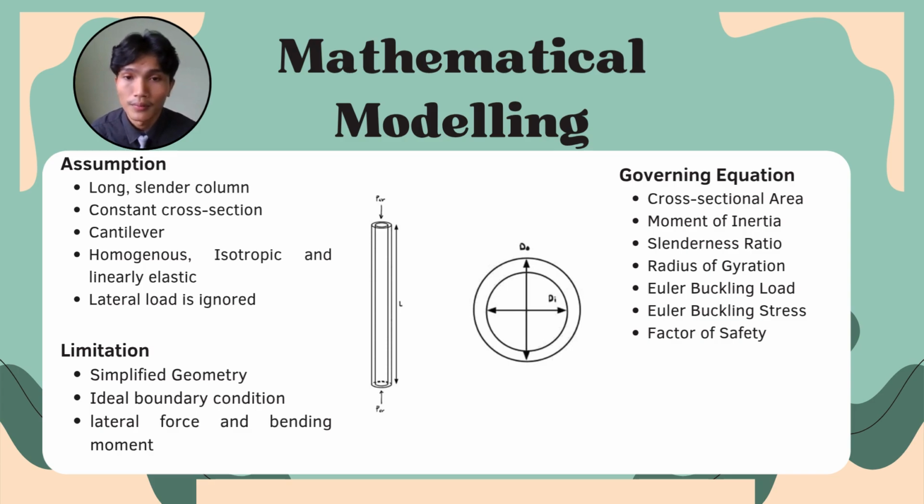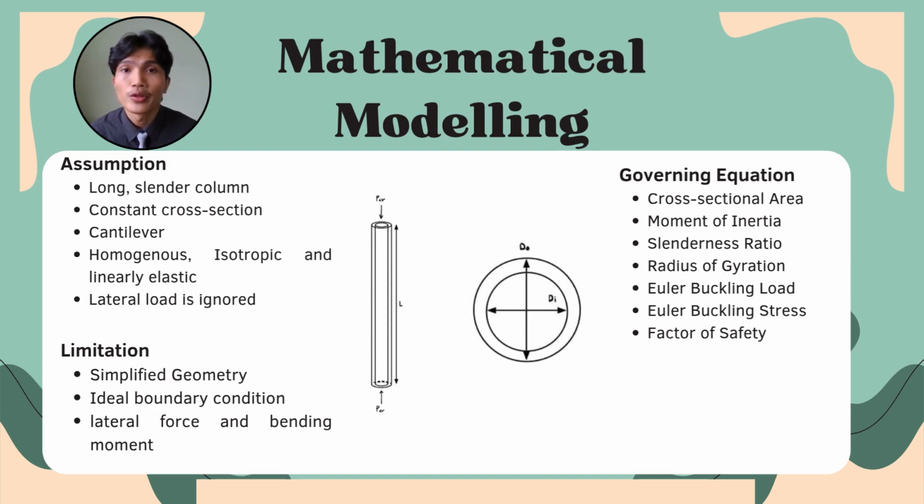However, this model does have its limitations, which is that it assumes a simplified geometry. Real towers are often tapered, not uniform in cross-section. The boundary condition is idealized as perfectly fixed at the base, which may not be true in reality.